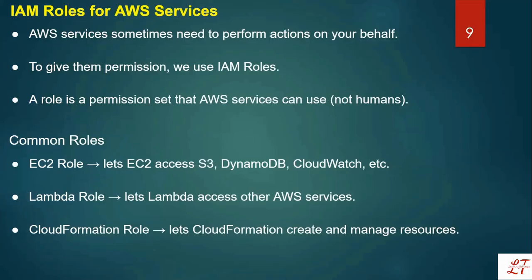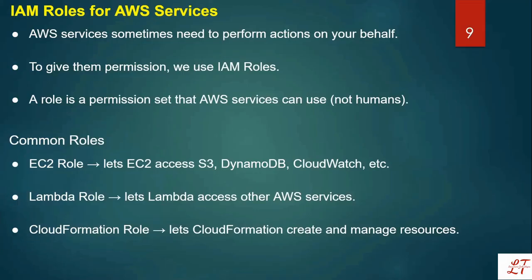So coming to IAM roles for AWS services. AWS services sometimes need to perform actions on your behalf, and you need to give them permission. We use IAM roles. A role is just a permission set that AWS services can use.